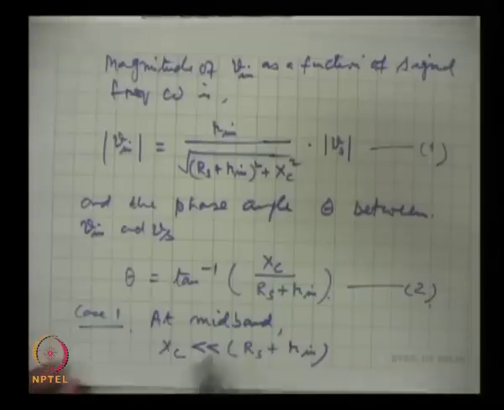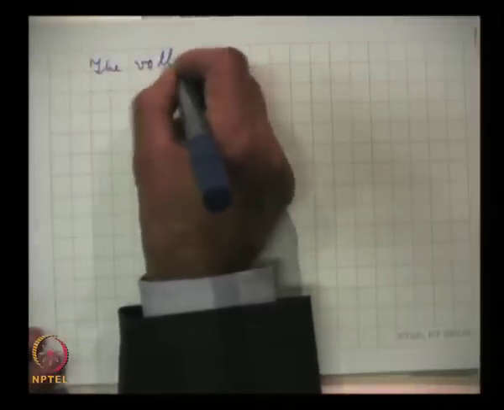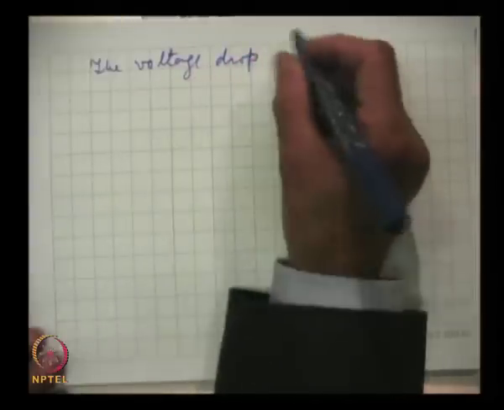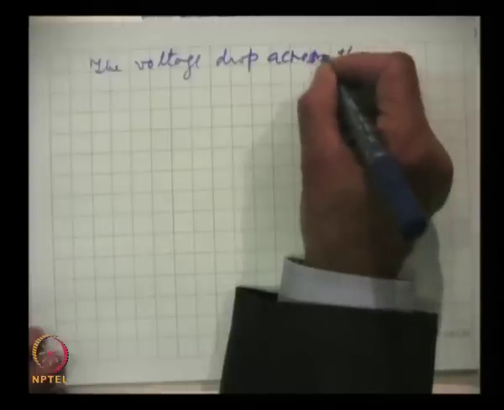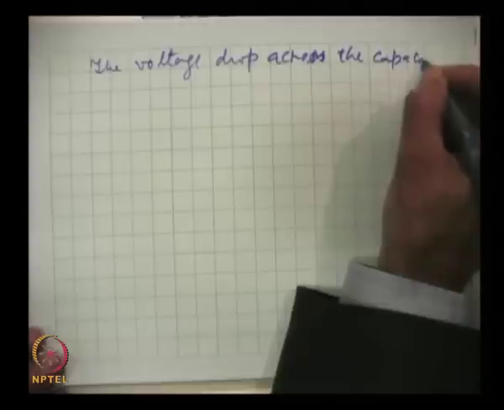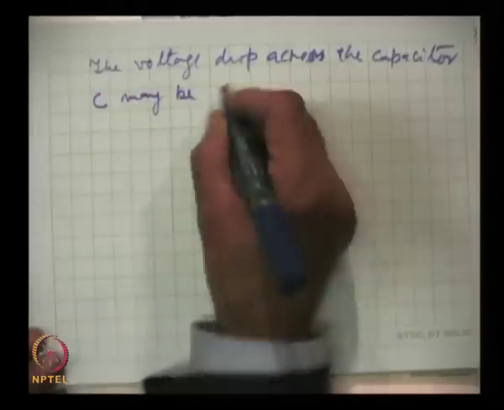At midband, the reactance of the capacitor is much less than the resistance Rs plus Rin, and in this situation the voltage drop across the capacitor C may be dropped.